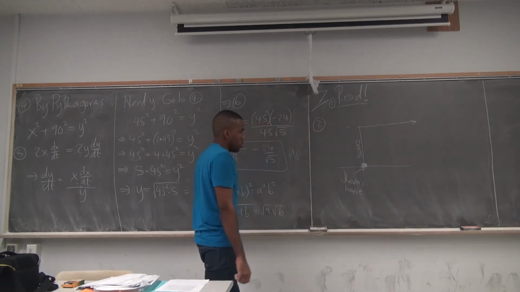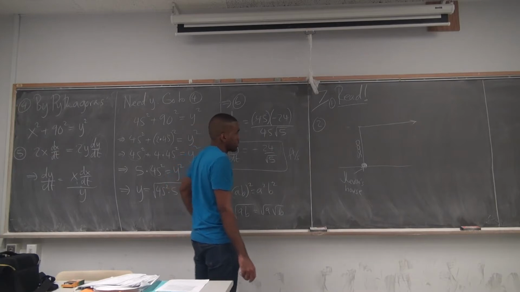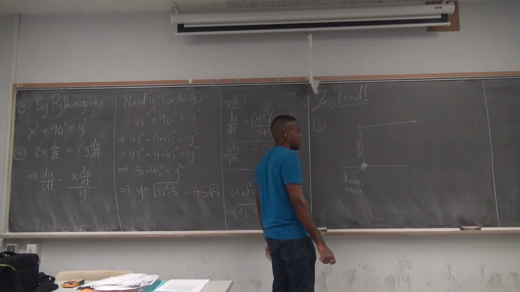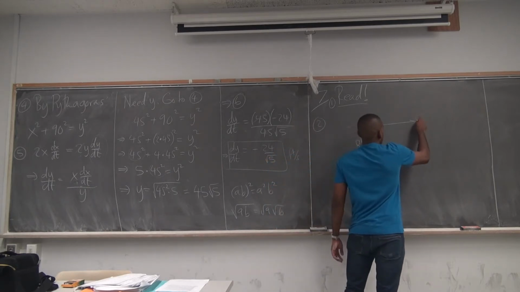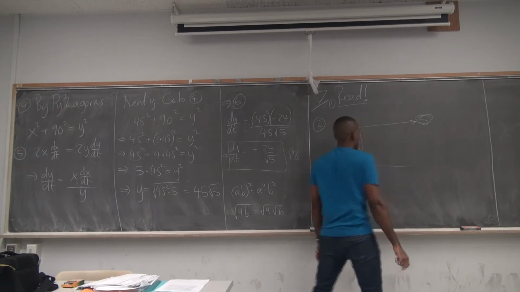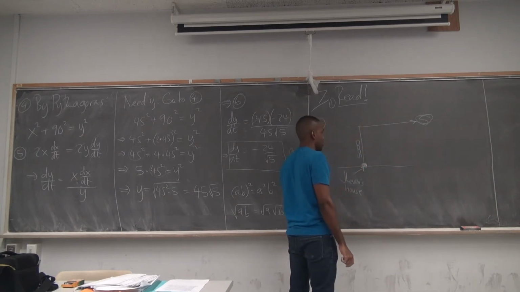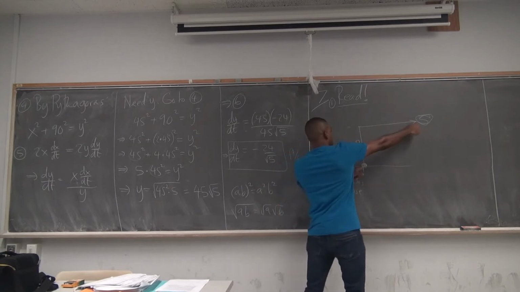Okay. What do we want to measure? From your house to where Superman is. We're measuring the distance between two objects, which is just a straight line that connects the two objects.